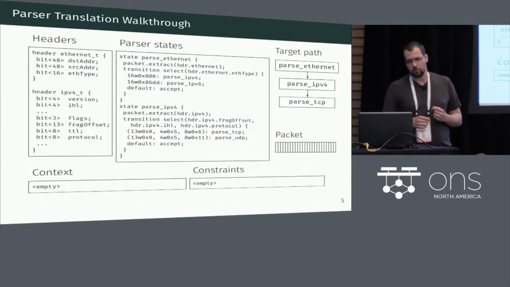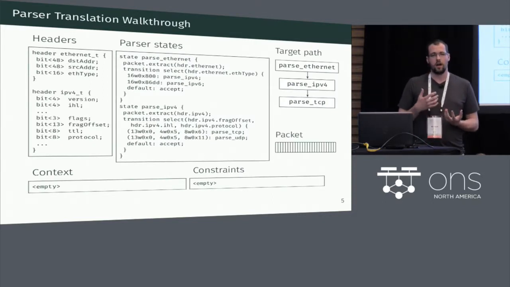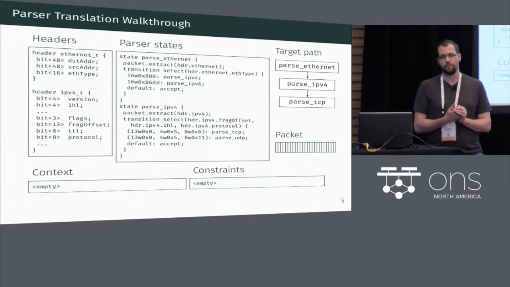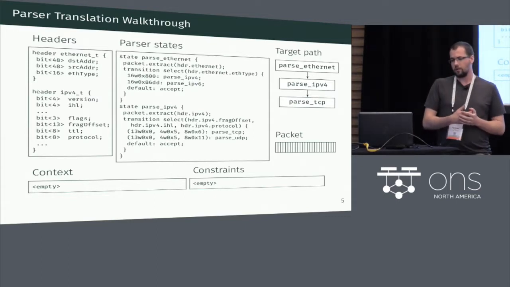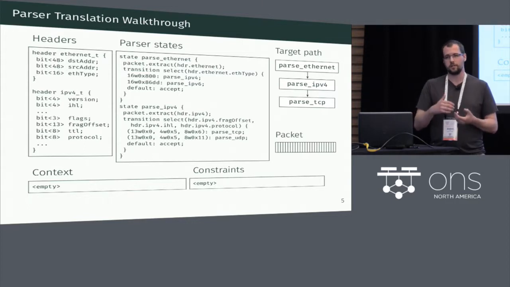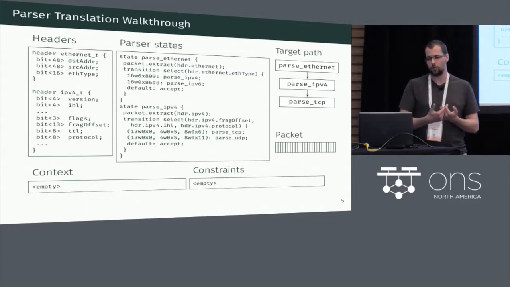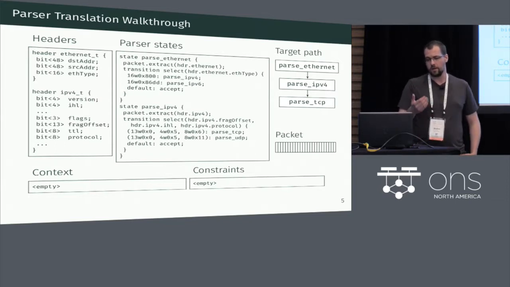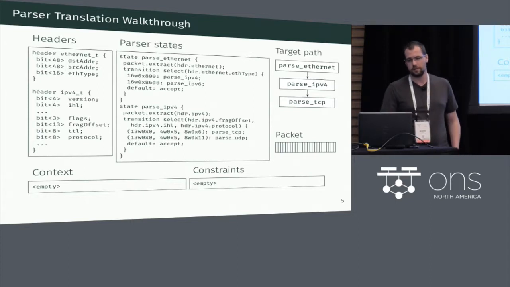To make things more concrete, let me show you how we translate a path through the parser of a P4 program. P4 programs specify a parser that describes how the program interprets packets coming in from the network. It does so by having a state machine with different parser states.